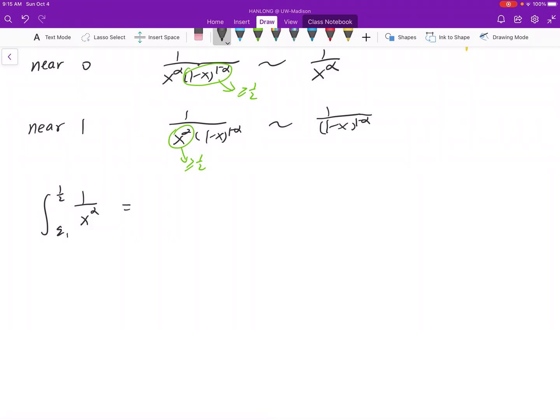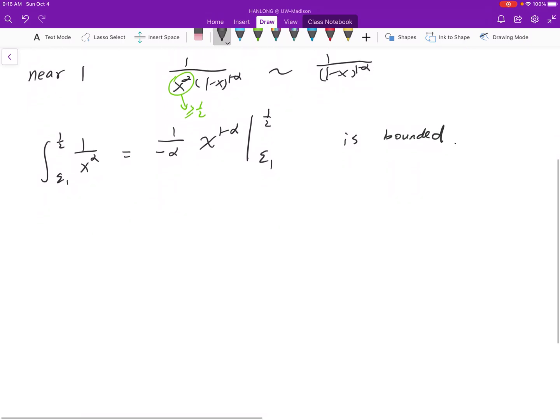This you can integrate, it is negative 1 over negative alpha x to the 1 minus alpha, evaluated from epsilon 1 to 1/2. Then you notice that since alpha is less than 1, this is bounded when epsilon 1 goes to 0 plus.